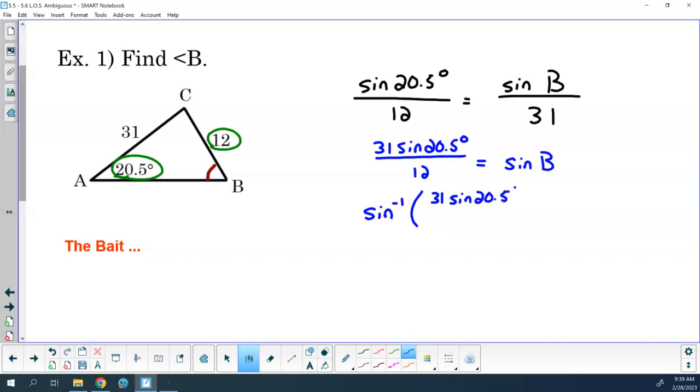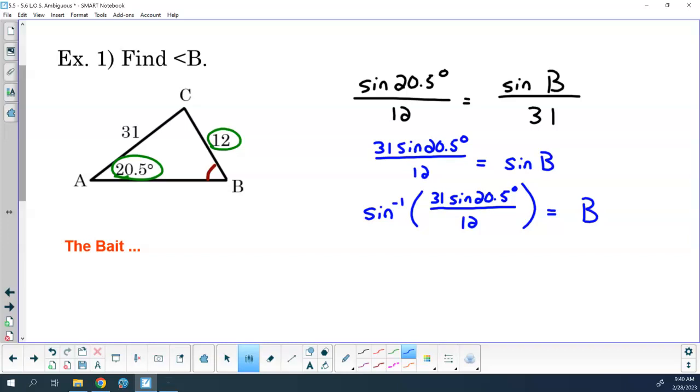Now, depending upon your calculator, you might have to close some parentheses before you do that. Did anybody get an actual angle measure for this one? 64.8? I got 64.783, but I probably rounded more decimal places than you.